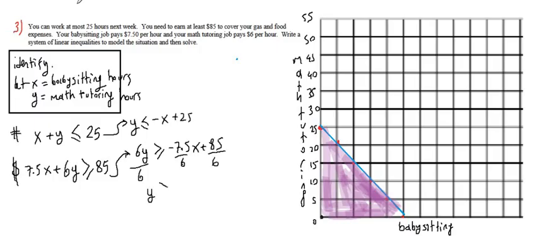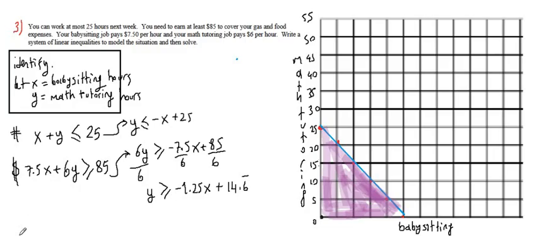So what you get is y is greater than or equal to... Now we can use the calculator here. 7.5 divided by 6 is 1.25. So we have negative 1.25x plus 85 divided by 6. Using the calculator, it's giving me 14.6666, repeating.